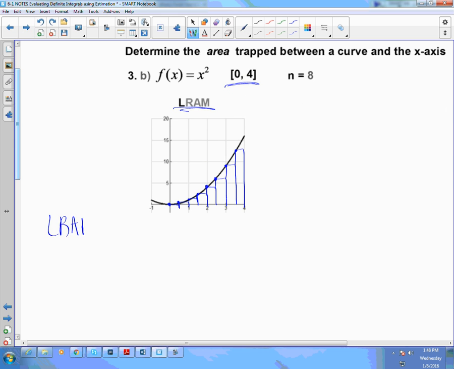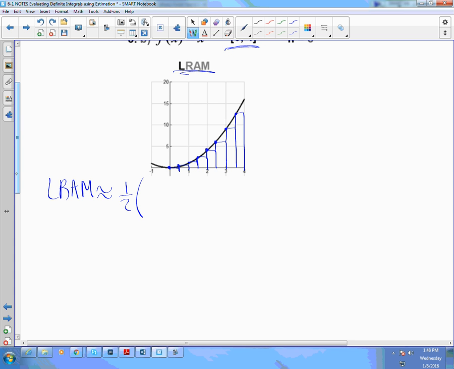Okay, so the approximation. What's the width of the rectangle? We all have a common width, so we can factor it out. Half. Factor it out. And then we write function notation. f of what is our first left endpoint? f of 0, because we're using the left. 0.